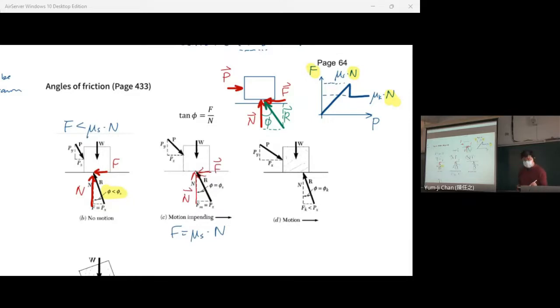And if the horizontal force P is very large, it starts to have motion, so F is equal to mu k times N, and N is here. And the angle is equal to phi k.